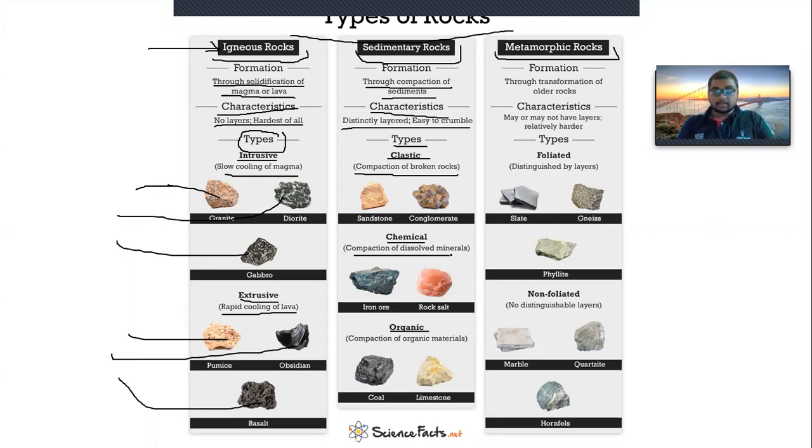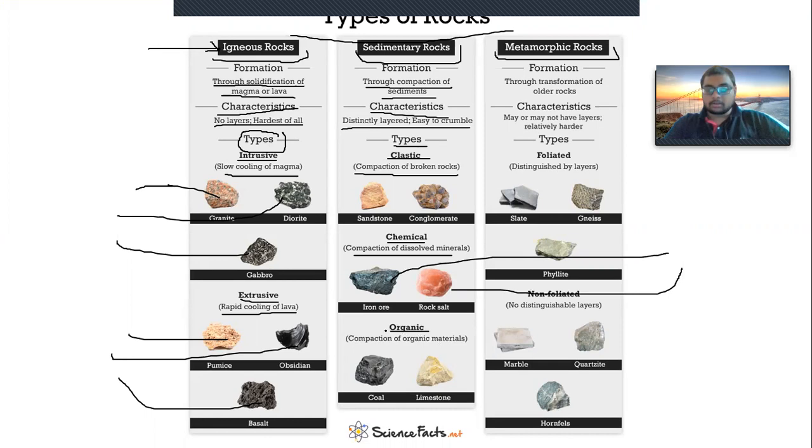When dissolved minerals come layer by layer on top of each other, these rocks are formed, such as iron ores or rock salt. That is the process called compaction or sedimentation. Sedimentation in rocks means stacking up layer by layer.